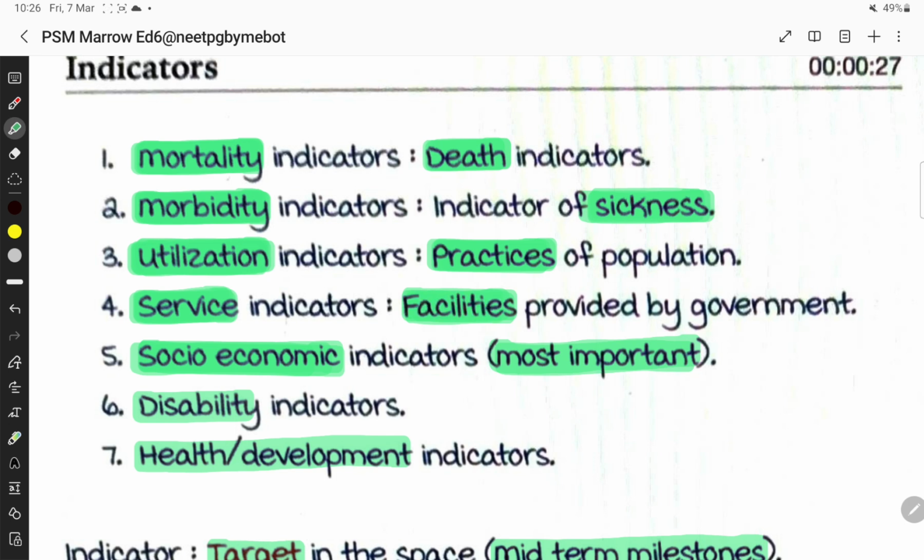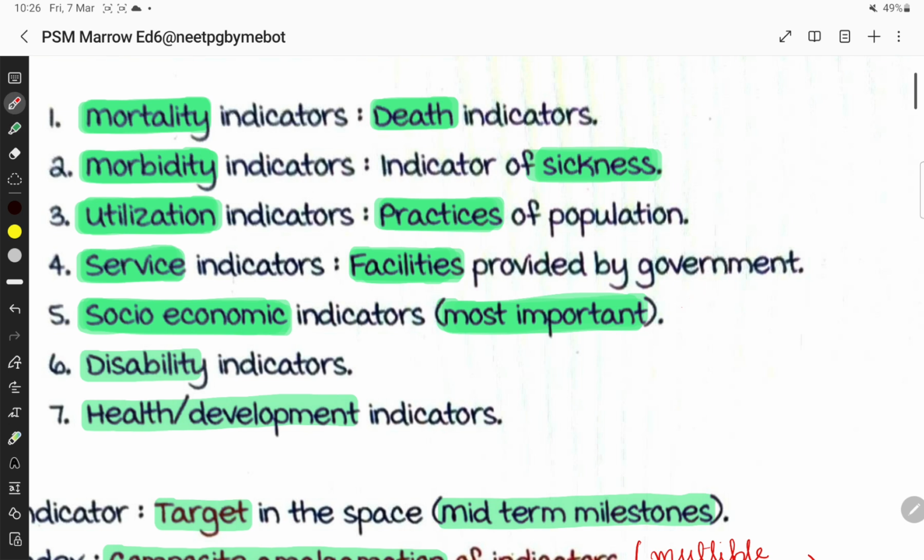Socio-economic indicator is the most important indicator because it involves the other sectors that are influencing health, like per capita income, schooling, literacy rate, education, and housing. So the socio-economic indicator is the most important indicator.